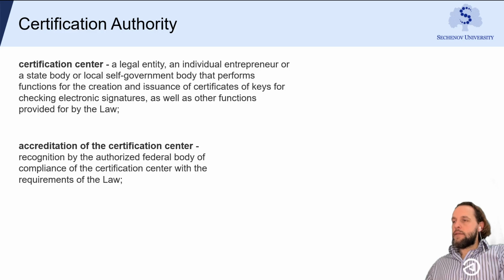How can we be sure that this person is the owner of this digital signature? It could be done with certification centers. It's a legal entity which will authorize a person with his papers or identification documents, and they will assign a certain digital signature to this exact person.